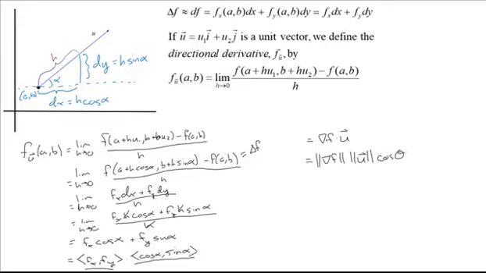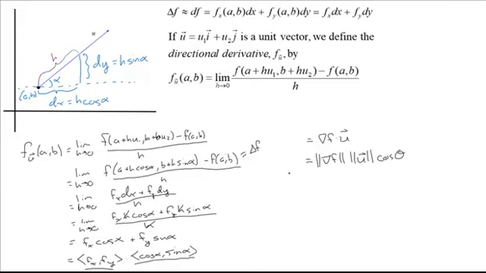Now this is the angle between the gradient and u, not the angle from before. Remember, cosine is at a maximum when the angle is 0. So when u is in the direction of the gradient, it's at the maximum rate of change. That tells us the gradient points in the direction of maximum rate of change. And when the angle is 90 degrees, or pi over 2, cosine is 0, so this thing is going to be 0, telling us that we have no change in our output when we're perpendicular to the gradient.